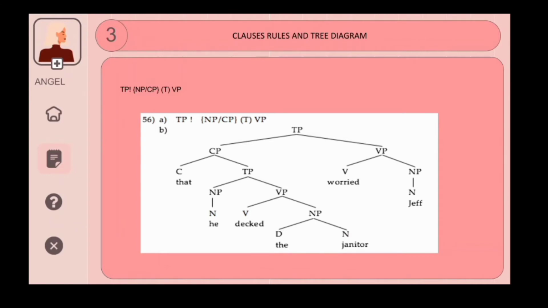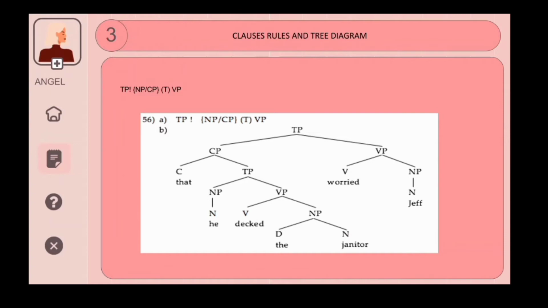So the clause here is TP, tense phrase, which is "that he decked the janitor," and then the complementizer phrase is "that." He decked the janitor. And then we have verb as worried and noun as Jeff. So TP, tense phrase, CP, the complementizer phrase is complementizer "that."